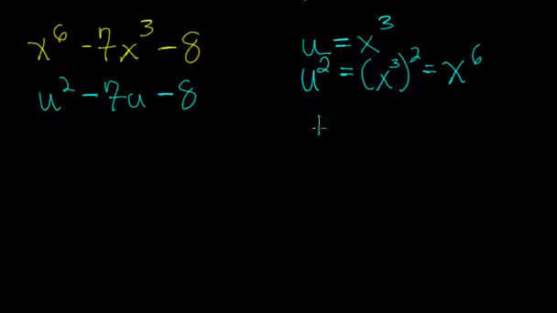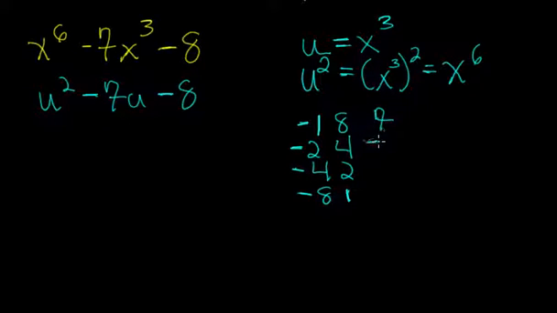So my C is negative 1 times 8, negative 2 times 4, negative 4 times 2, and negative 8 times 1. When I add them up, this gives me 7, this gives me 2, this gives me negative 2, this gives me negative 7. This is the answer I want.